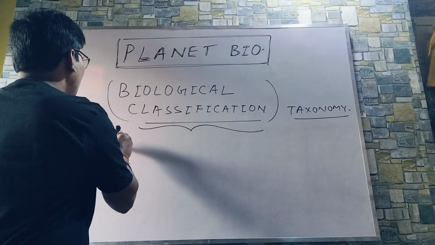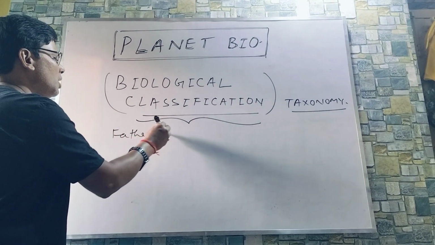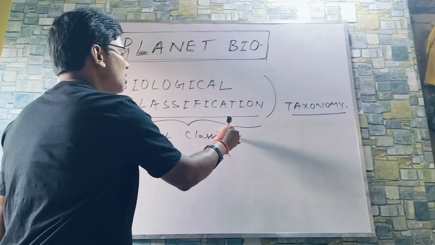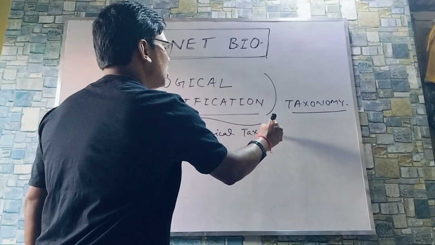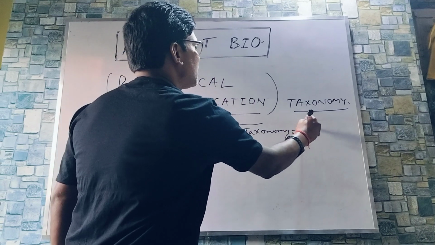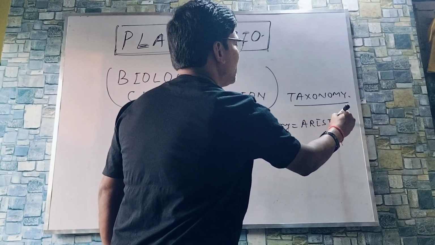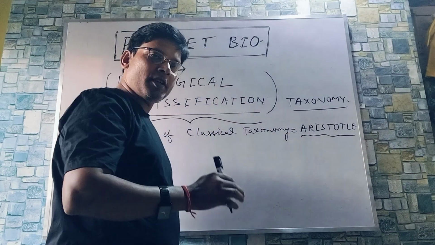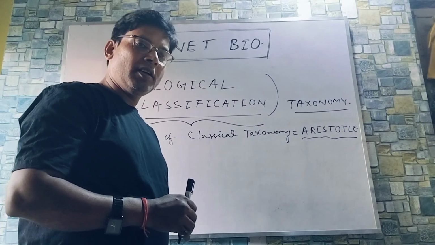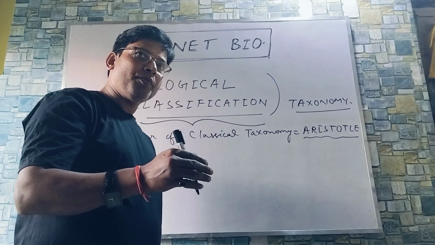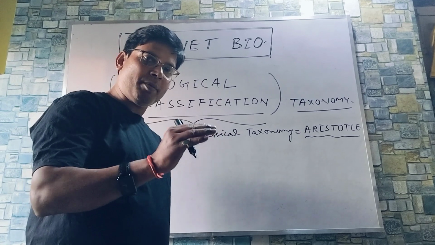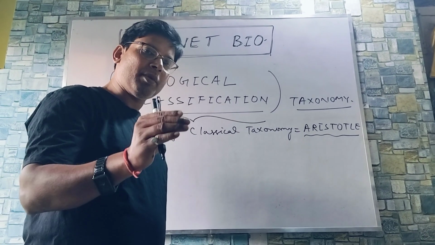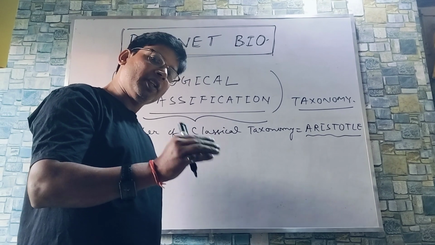Now, the father of classical taxonomy is Aristotle, the Greek philosopher, the man who first classified the organisms into two categories, Anaima and Enaima. Anaima means the animals without red blood, and Enaima means the animals with red blood.